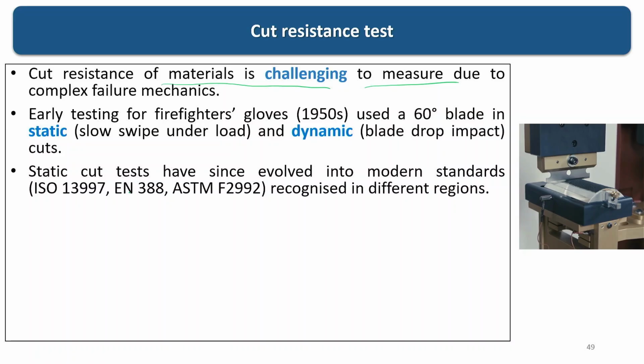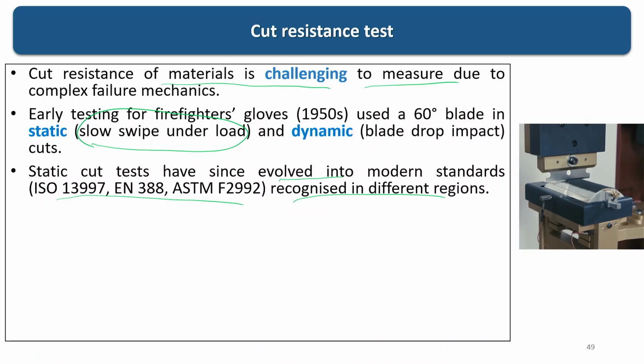Then static cut tests have since evolved in modern standards. So, these slow wipe cuts are used, but with modern standards. The standard methods are ISO 13997, EN 388 and ASTM F2992, and these are the methods typically recognized in different regions of the world.